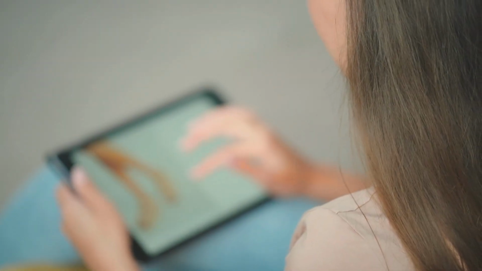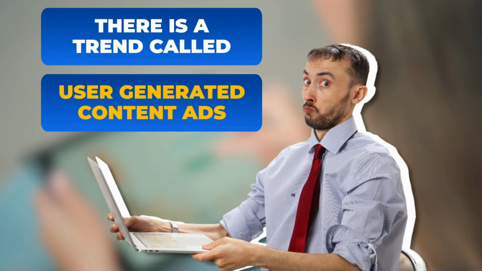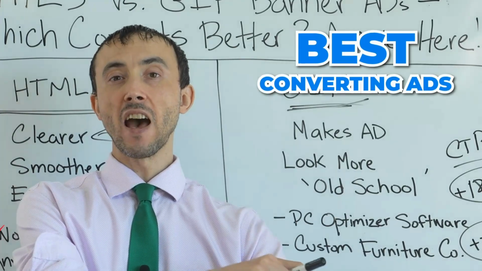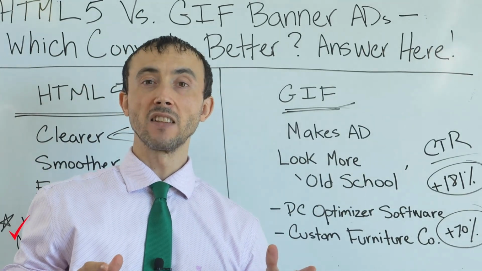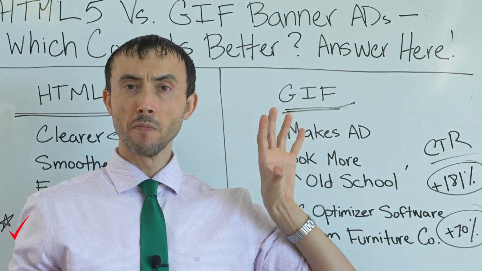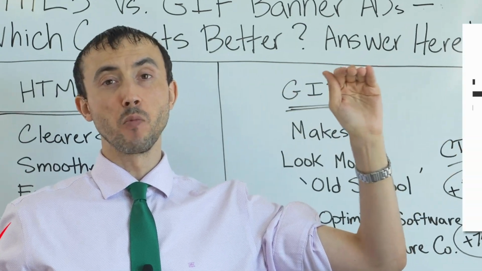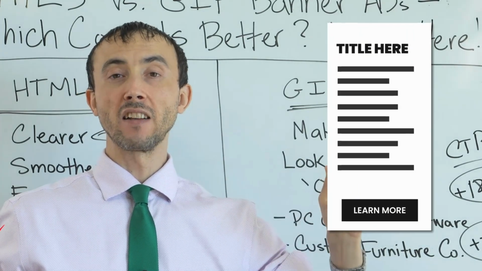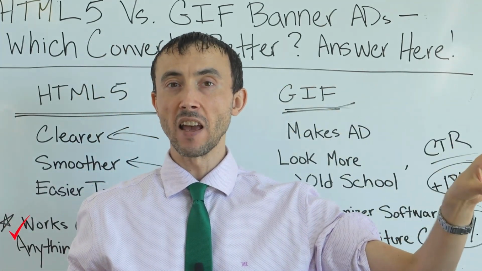But in the world of advertising, there's a trend of user-generated content ads. The best converting ads on Facebook and on Google Display Network many times are ads that don't even look like an ad. On Google Display Network, some of our best performing ads are a plain white background with black text on it, because it doesn't look like an everyday ad.